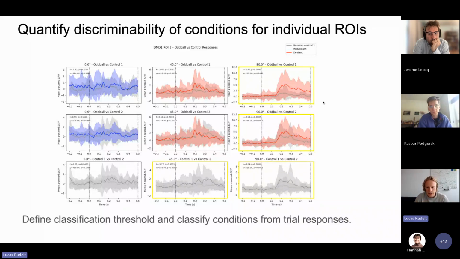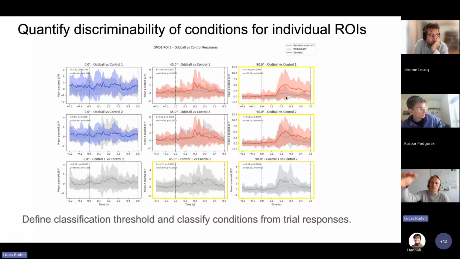The most straightforward way to do this would be to infer the direction. For example, here the mean of the deviant response is higher than the control. So we could define a decision threshold that detects whether the response is higher or lower. Everything above is classified as oddball, and everything below is classified as control.